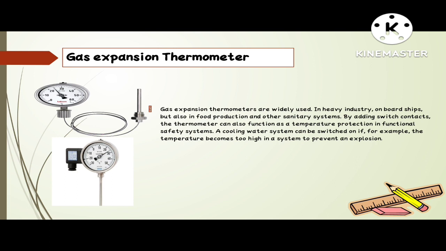A cooling water system can be switched on if the thermometer measures temperature either by a rigid tube or flexible capillary inserted into a thermowell. The temperature is accurately measured by the gas inside the thermometer expanding and contracting in relation to the temperature.